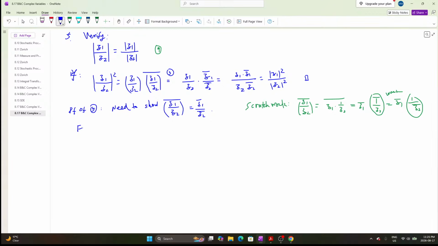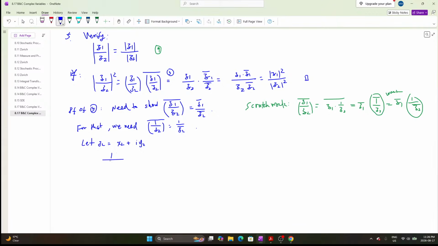For that we need the conjugate of 1 over z2 to be 1 over z2 conjugate. This is what we need. Okay, so let z2 be x2 plus i y2.